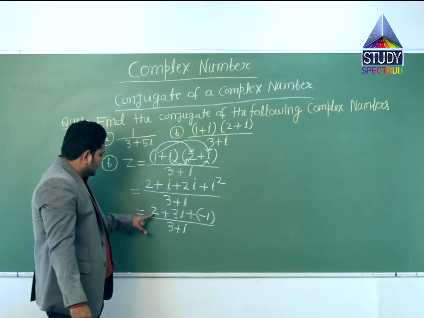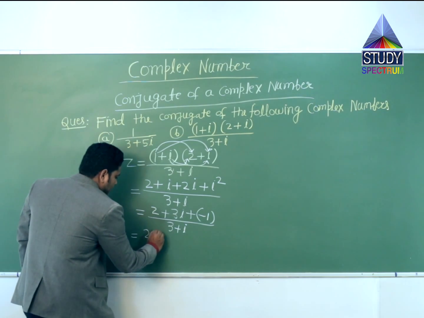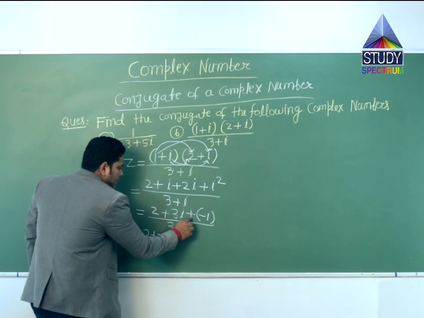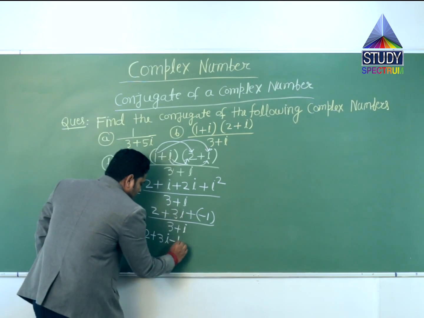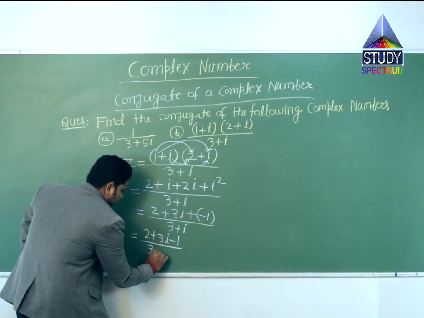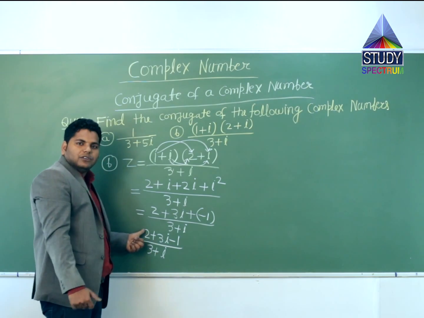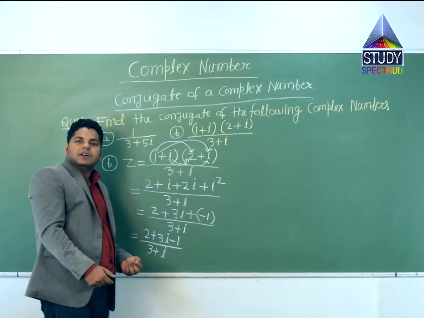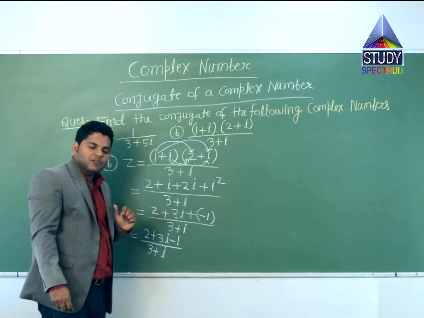Got it? So 2 plus 3i minus 1 upon 3 plus i. So here we will add or subtract terms without i with terms without i. So 2 minus 1 is 1.